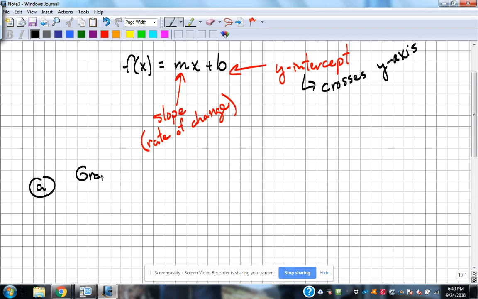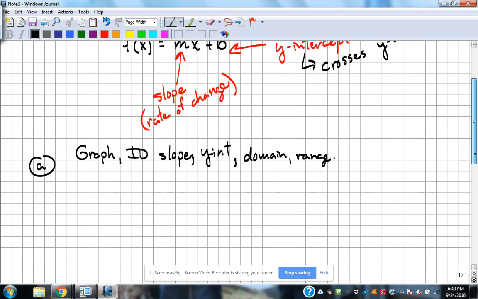We're going to graph it, identify the slope, the y-intercept, and we'll talk about domain and range a little bit with this stuff too.